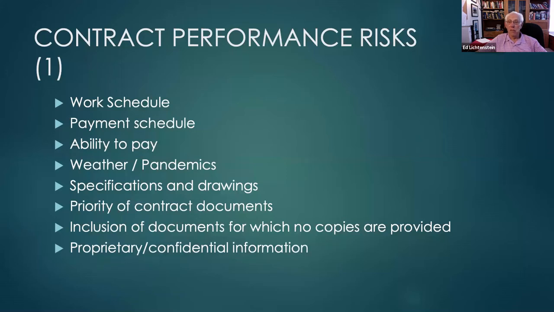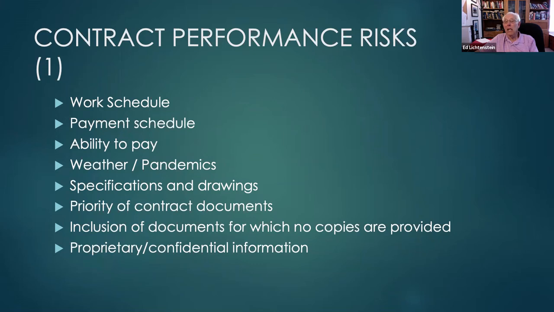Proprietary or confidential information. You may have it. It may be your information. You want to protect it. You want to make sure whoever you're providing it to recognizes that it's proprietary and confidential and will respect it as such.